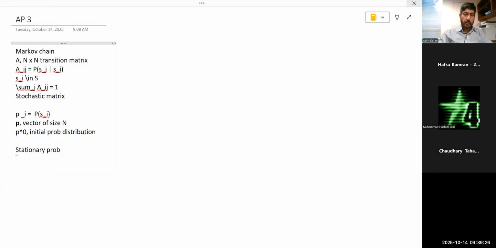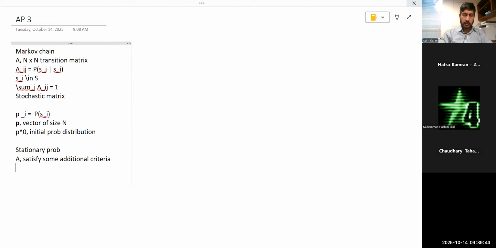But for this to happen, the matrix A should satisfy some additional criteria. The first criteria was that A should be a stochastic matrix, which we defined earlier.